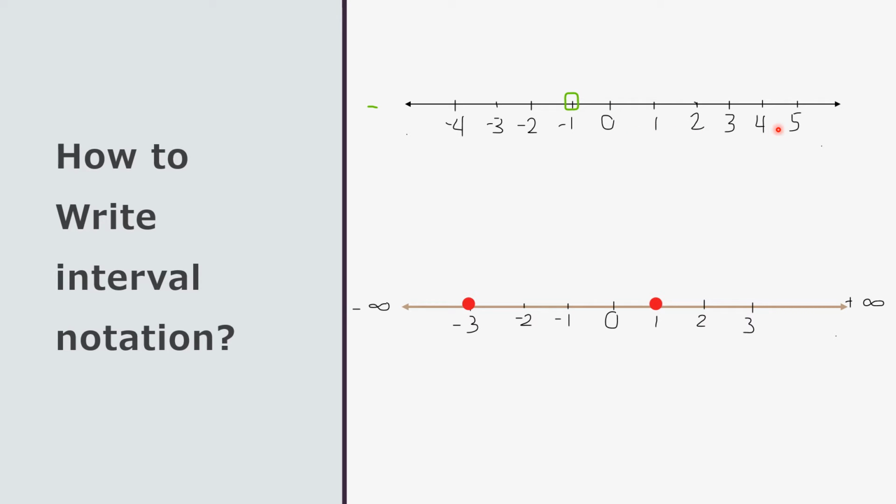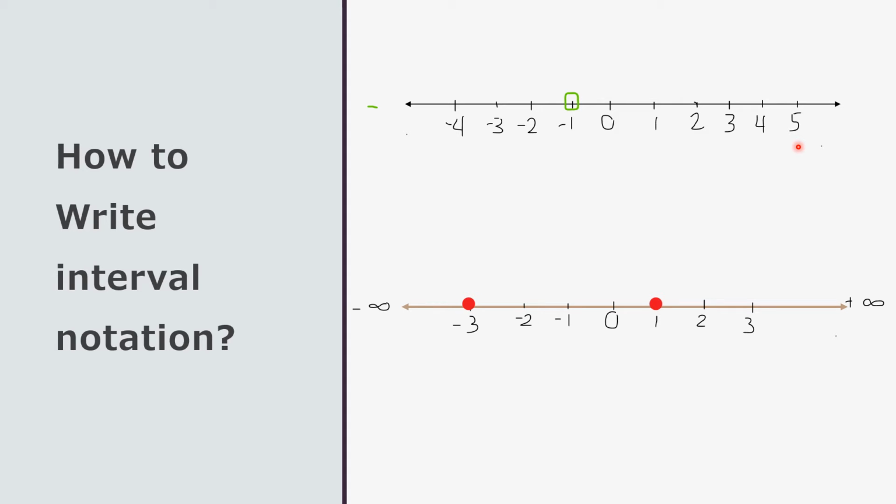On the right side of 0 are positive integers. On the left side of 0 are negative integers. Take note that the number on the right side is always greater than the number on the left side. Let's say negative 1 is greater than negative 2, negative 2 is greater than negative 3, negative 3 is greater than negative 4.